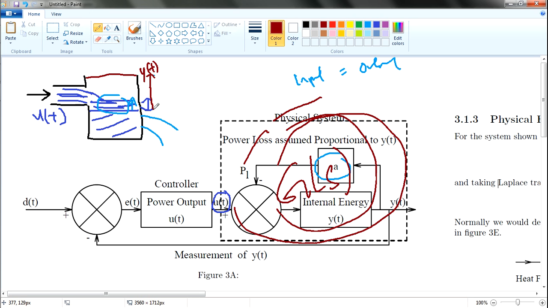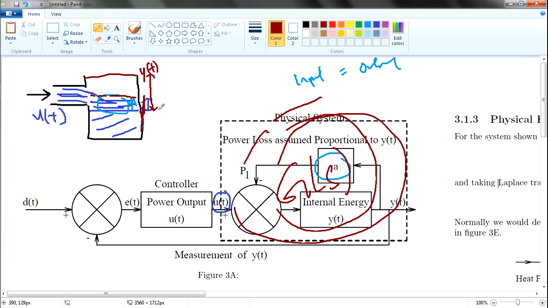So whatever power loss will influence how the water level will increase. If we have no power losses, then definitely there will be an increase in the water level, due to whatever input is going into the output. You get what I mean?